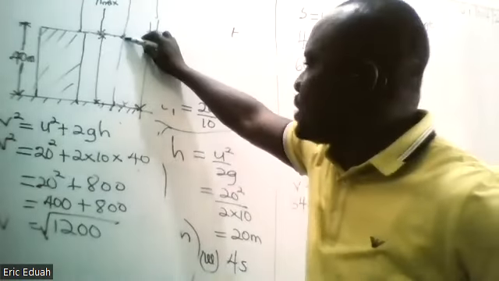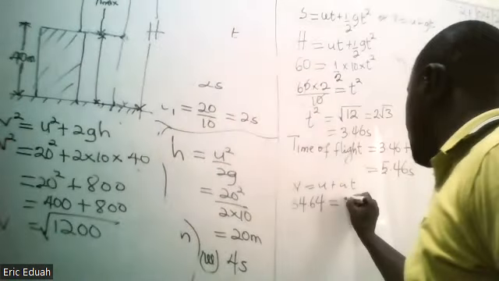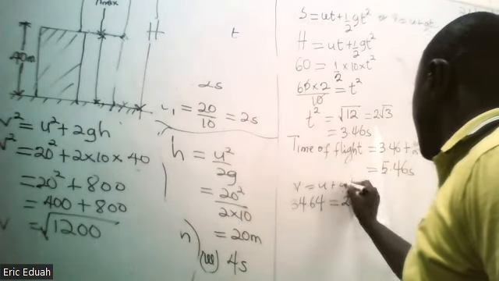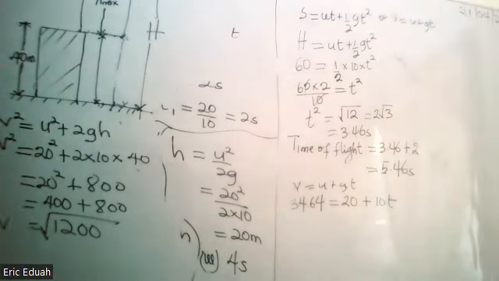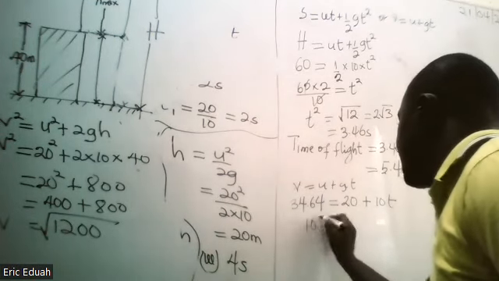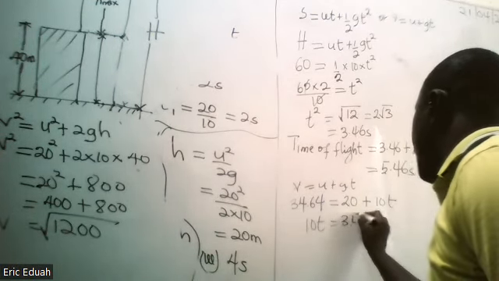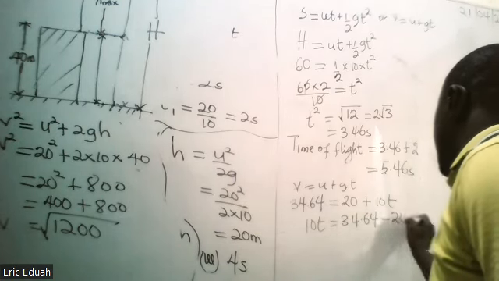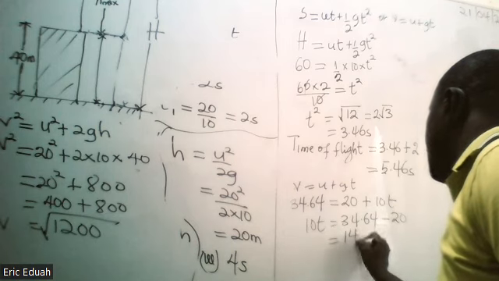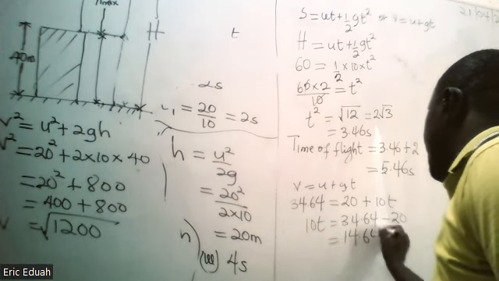the velocity here, which is 20. So it's equal to 20 plus 10t. 10t is equal to 34.64 minus 20, and this is 14.64.